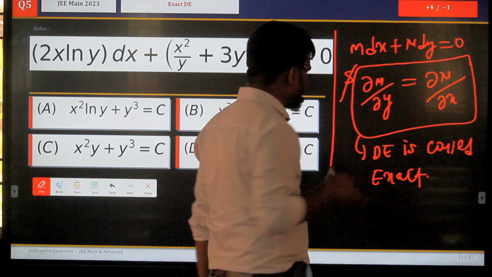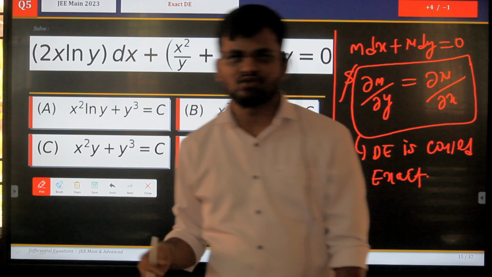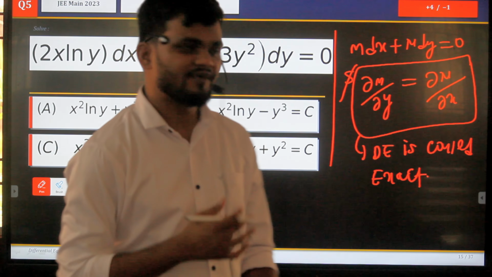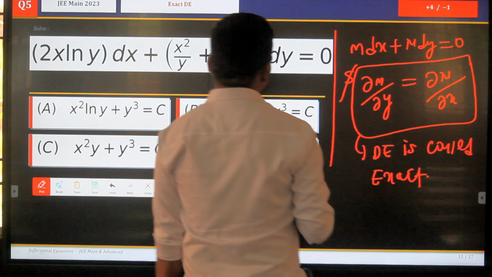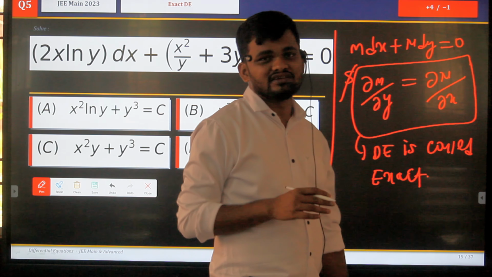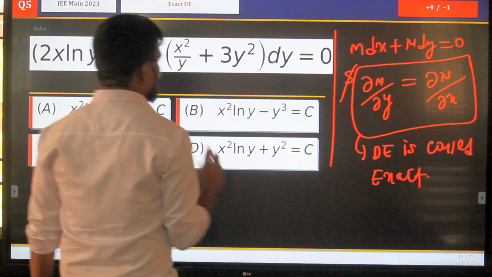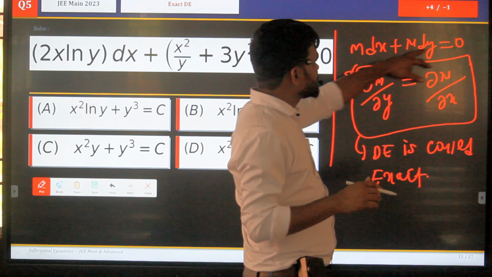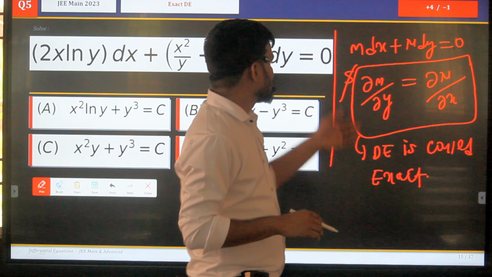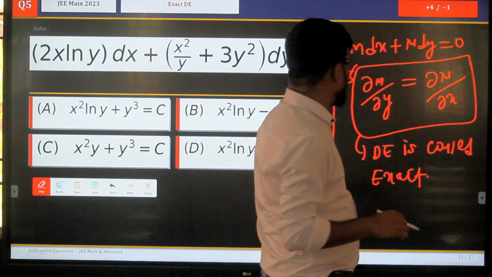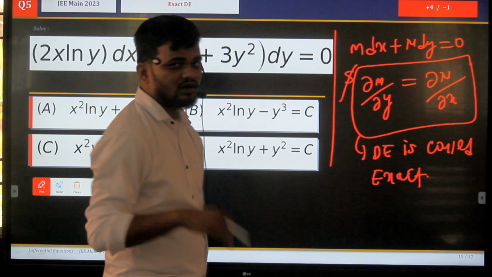If not exact, there are a lot of ways to solve. But if exact, I am explaining how to solve. If the differential equation is exact, it is very easy to solve. By doing inspection, you are able to solve. So if the differential equation is of the form M dx plus N dy is equal to 0, and dou M by dou y is equal to dou N by dou x, then the differential equation is called exact.